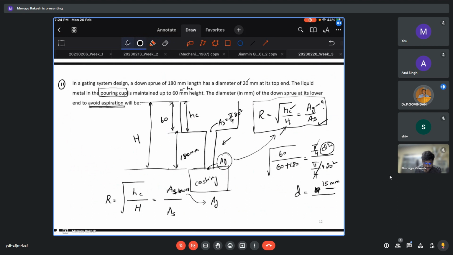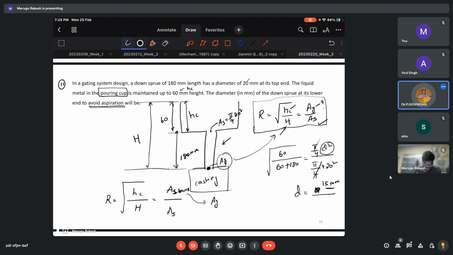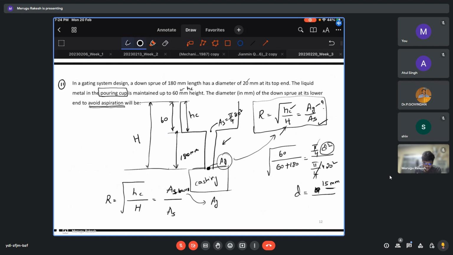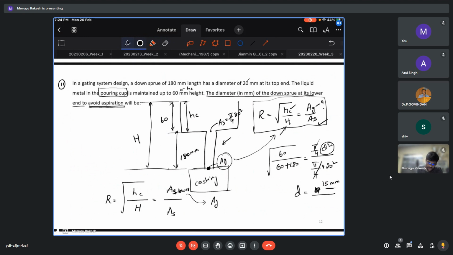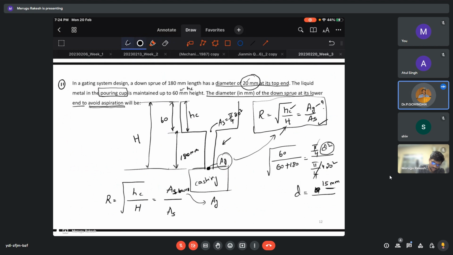What is the D value here? That is what we need to find. What is the diameter of the sprue at its lower end, the denominator? This denominator is nothing but the upper end diameter. The diameter of 20 mm is at the top end, the diameter of this sprue.